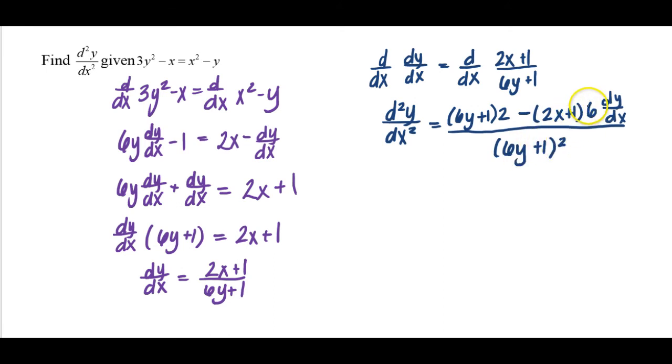Alright, so now maybe you're thinking, what do I do next? Well, I don't want to leave dy dx in my answer for the second derivative. So what I'm going to do is substitute back in what we already know to be dy dx. So dy dx is 2x plus 1 over 6y plus 1. So that's what's going to go in right here.